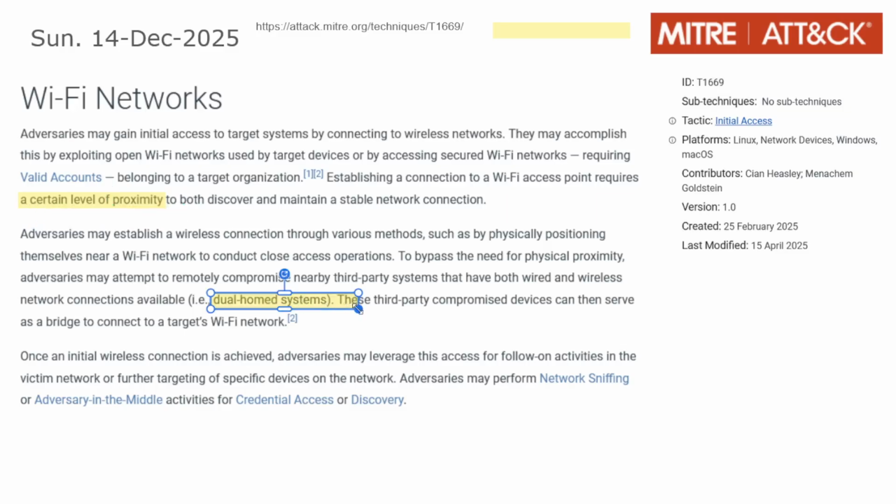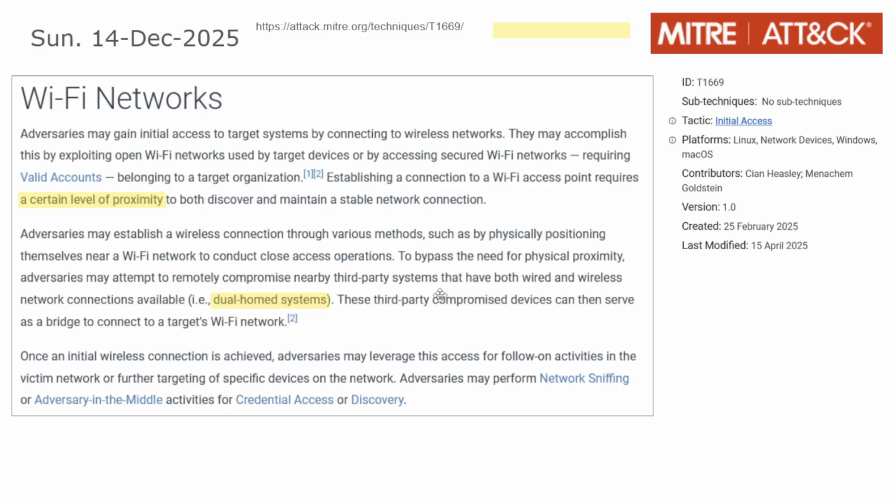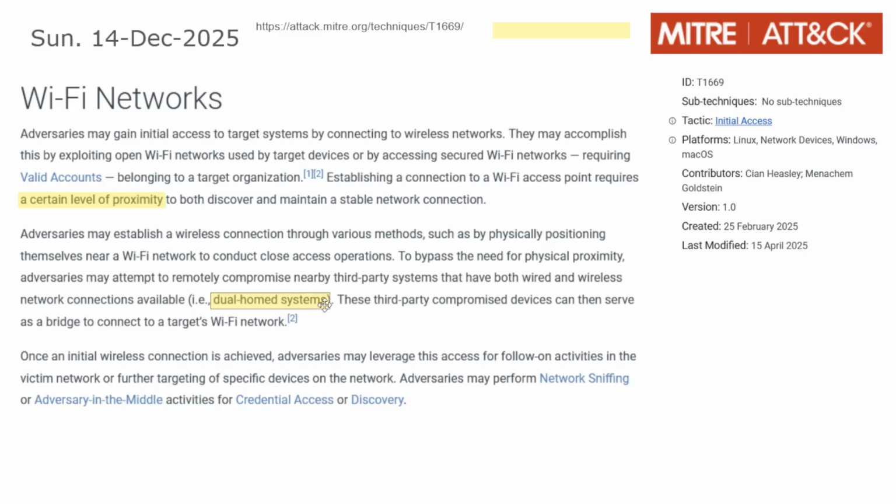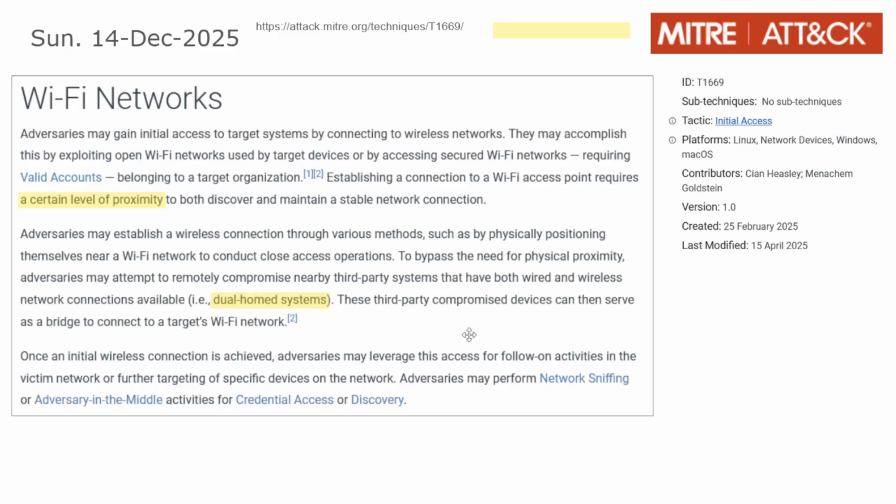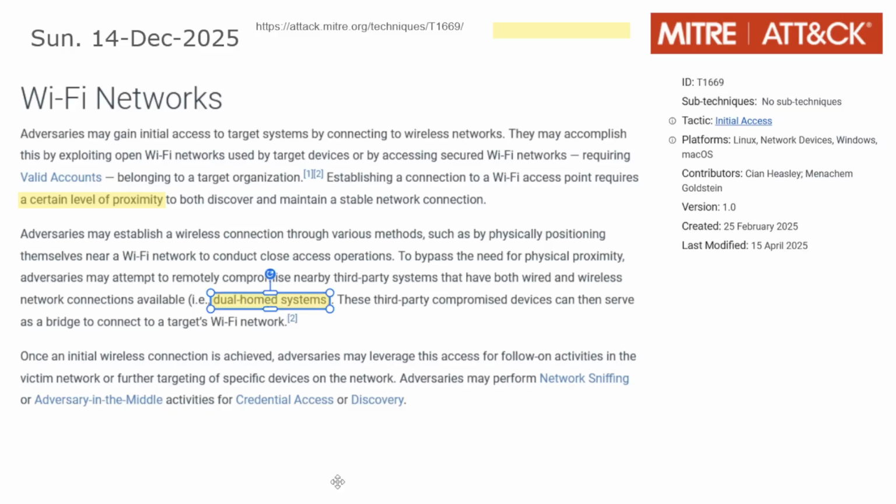It simply means your system has two IP addresses. It has two network cards in it, one for wired, one for wireless, so they have one foot in one network and one foot in the other.